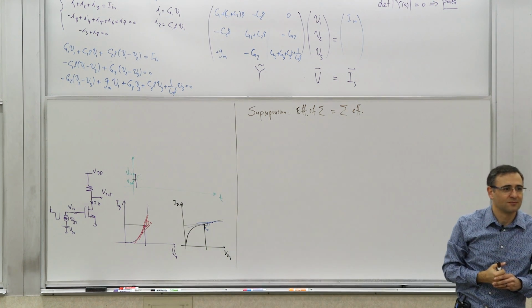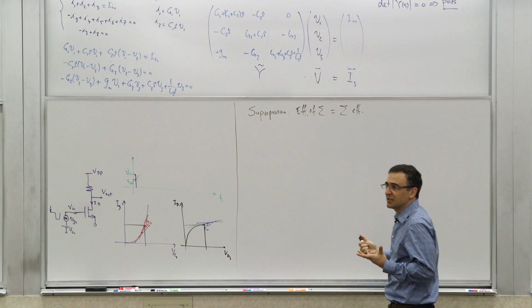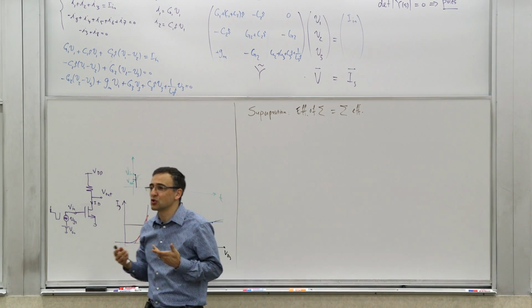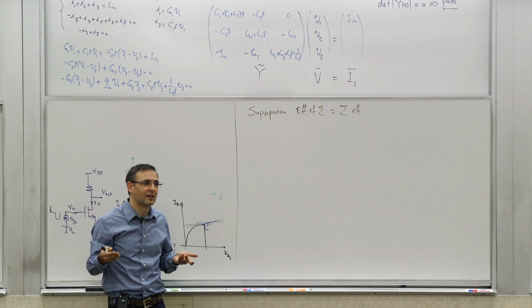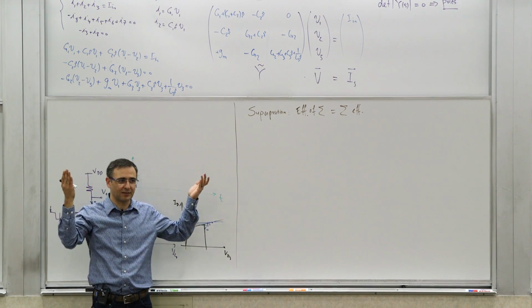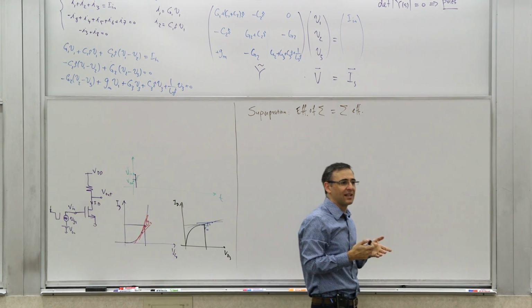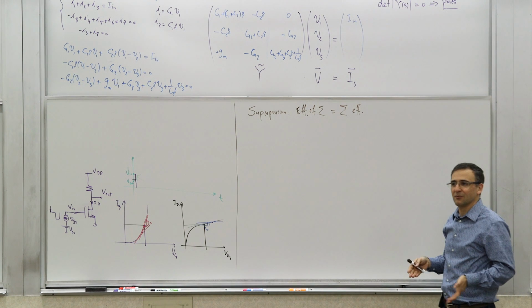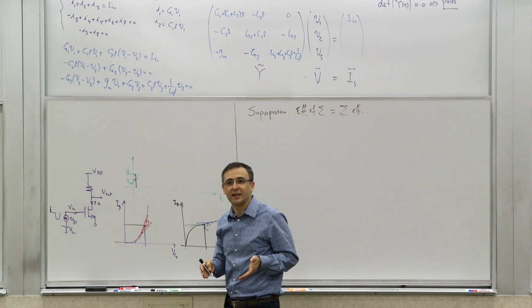That's superposition. And the necessary and sufficient condition for superposition to hold is what? Linearity, right? If you have something that's linear, superposition holds. If you have something where superposition holds, it's linear.